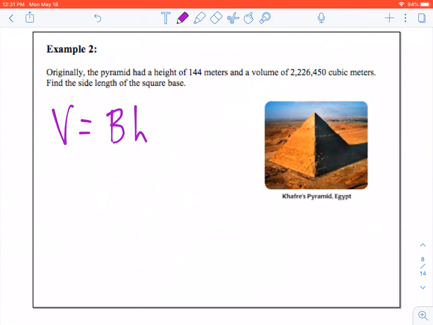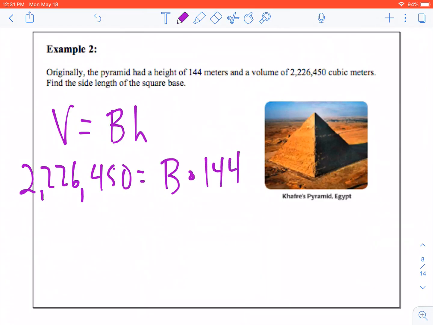Well, the pyramid had a height of 144 meters and a volume of 2,226,450. Area of the base, we don't know, times the height, which they say is 144.